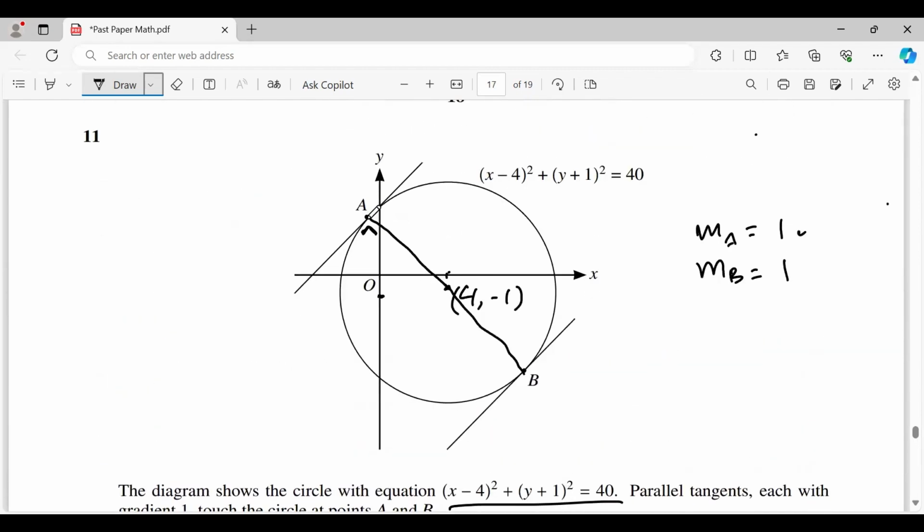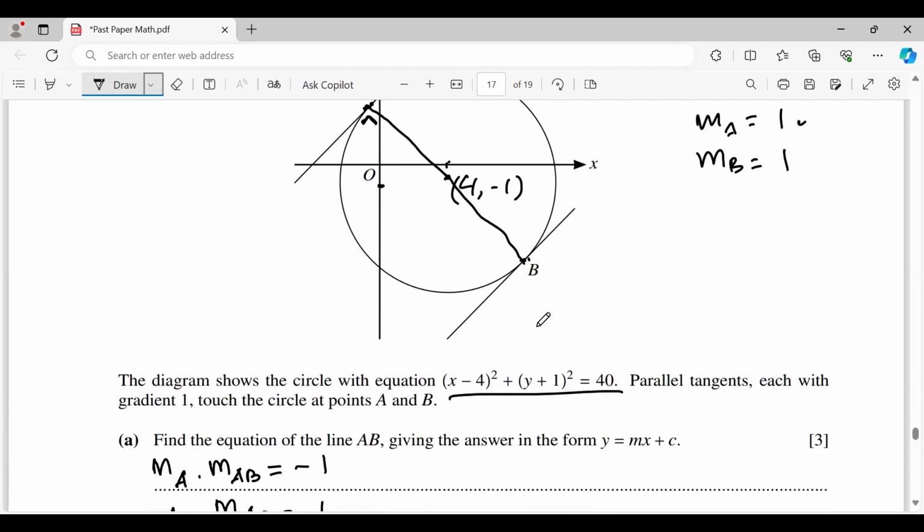For coordinate point A, x is a negative number and y is a positive number, because it is on the negative side of the x-axis and positive on y. For coordinate point B, x is positive and y is negative, right?